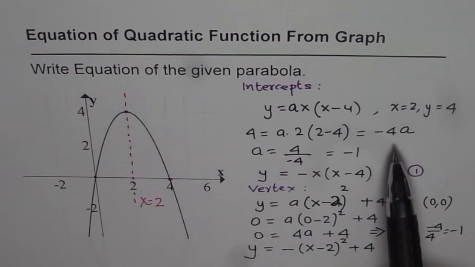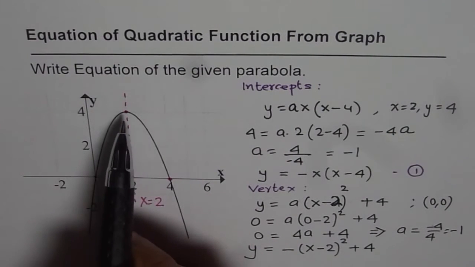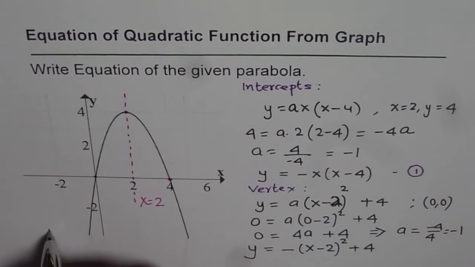Now you can always check your equations by taking a point and then verifying whether this equation really represents the given graph or not. Let me show you another method of writing the equation, and that is we can use the vertex. Vertex is given to us, so I'm writing y equals to a will figure out by steps this time.